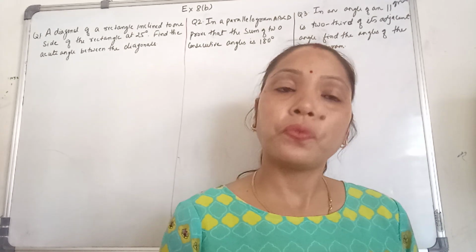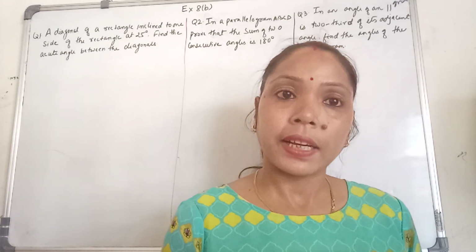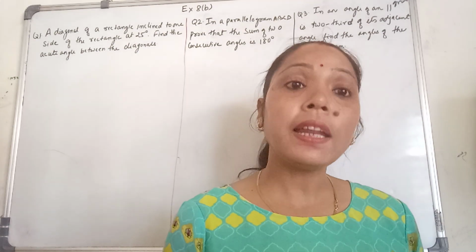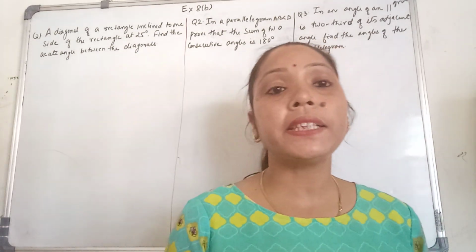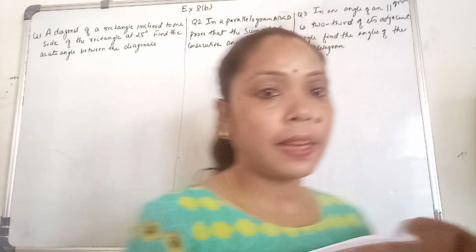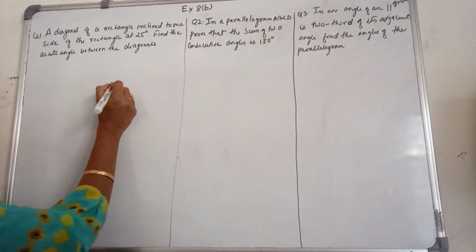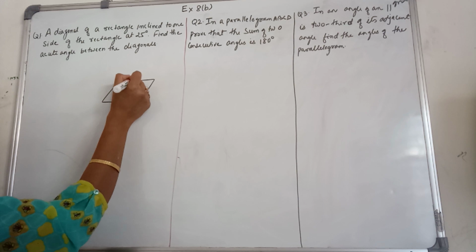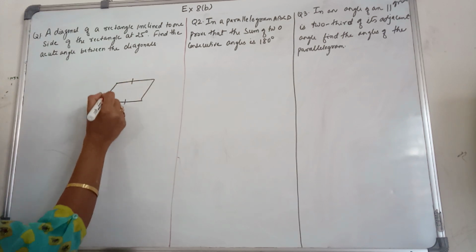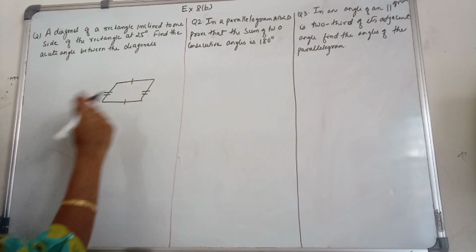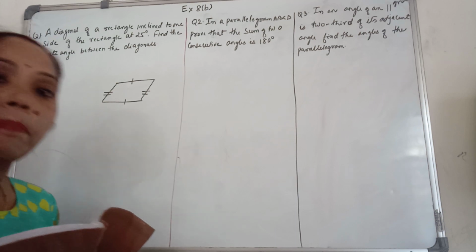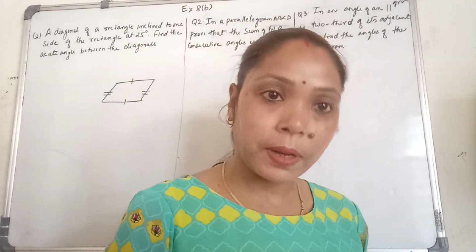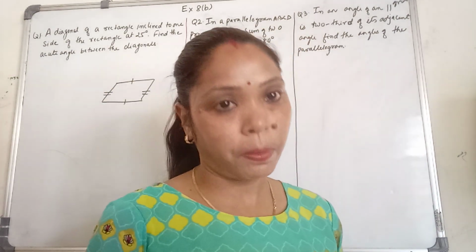A parallelogram also has four sides, that's why it is called a quadrilateral, but only when the opposite sides are equal, like this. If we have a four-sided figure and these two opposite sides are equal, and these two are equal, then this is called a parallelogram. So this is the first theorem, or you can say first property.